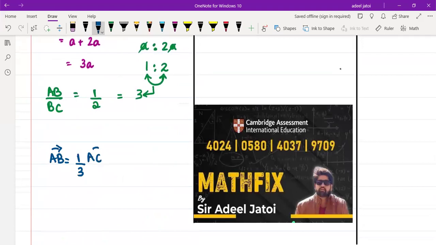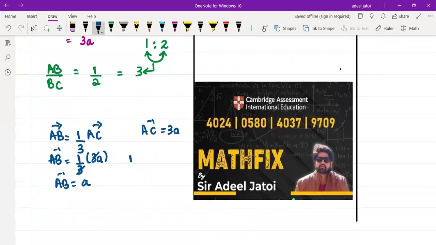So we can write it down this way. We already know that AC was 3A. So AB, if we just put down 3A in place of AC, 3 cancels, you'll end up having A again.